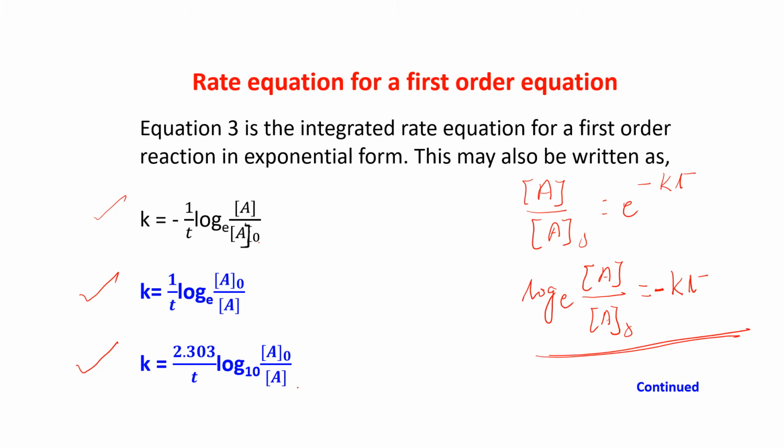Suppose in an experiment, we are starting with the initial concentration as A0. We know the initial concentration. Now, at different points of time, we can get the value of the concentration of A. You know the time at which you are seeing the concentration of A. Now, just put those values, concentration of A and the time, in any one of these equations.